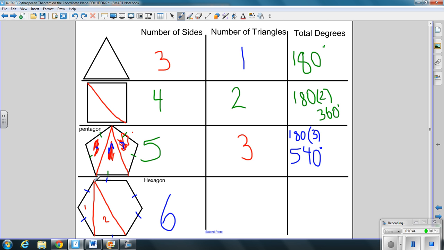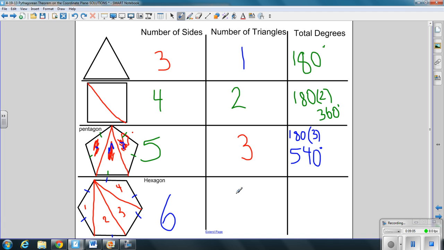How many triangles do you think I'll make? Take a guess right now. Shout it out. Well, let's see if you're right. Go back to the same vertex. Draw another triangle. Here's 3. And if I were to go back to this vertex, I cannot draw a line here because it doesn't actually make a triangle. So I get 4 triangles.